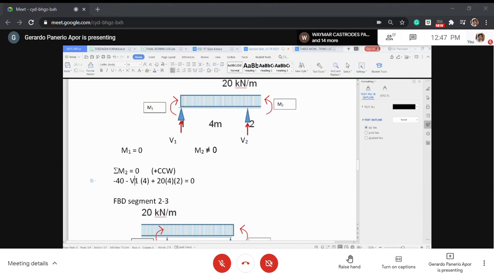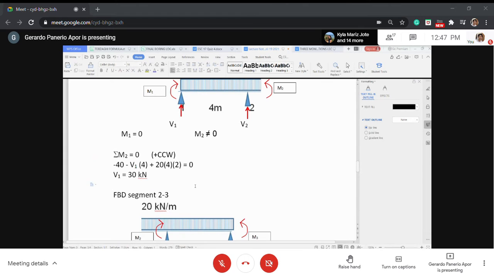So we can solve for V1. 20 times 4 is 80, times 2 is 160. Then minus 40, you have 120 divided by 4. So you have 30 kN.